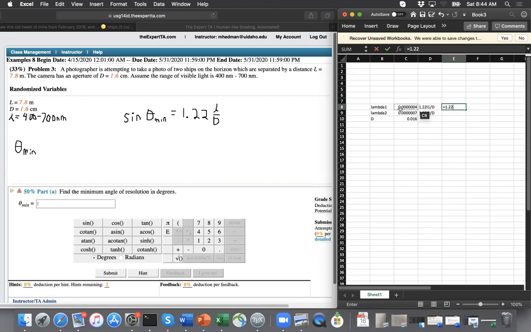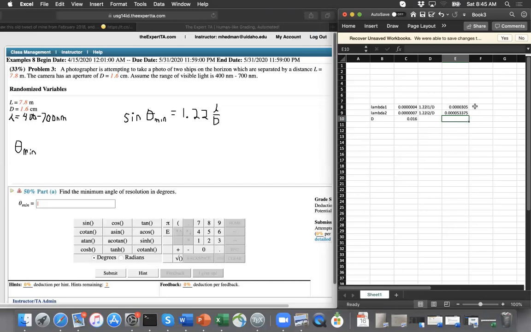It's equal to 1.22 times this divided by this. So we get two different numbers here, both of which are kind of small, 0.000030 or 0.00005. But again, these are sine of theta.